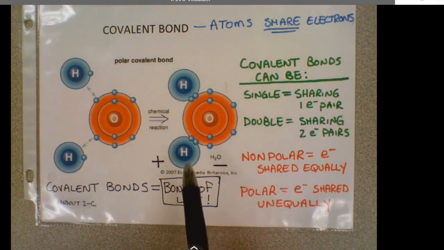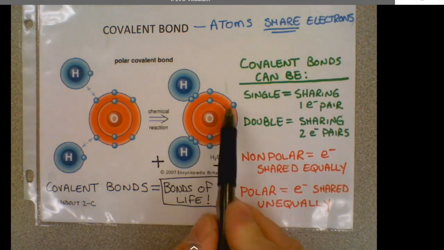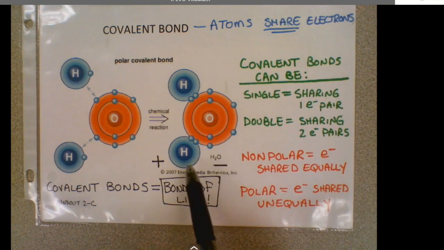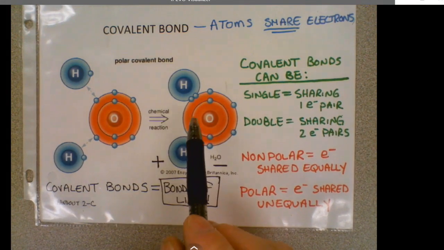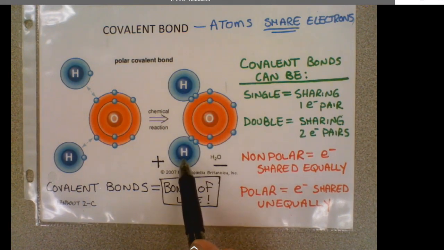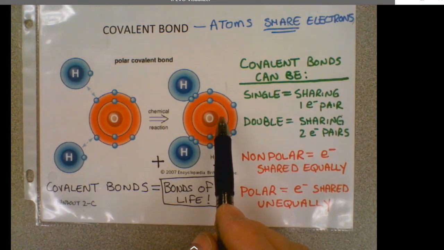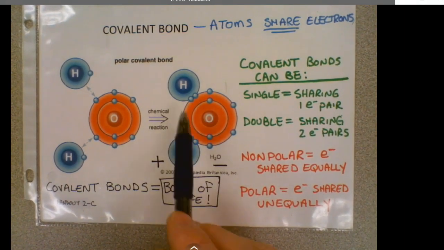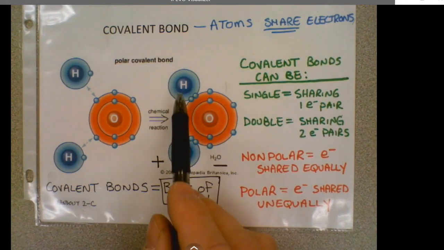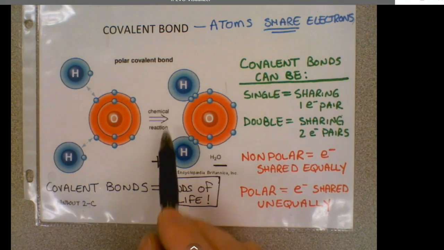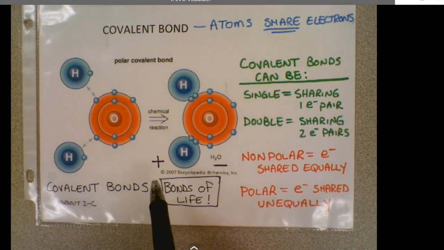So what happens is this oxygen atom is going to steal that electron a little bit longer than these hydrogen atoms. So what happens is, if the negative electron is hanging out in the oxygen more than the hydrogen, we're going to get a polar or a charged molecule. So in the case of water, these hydrogens don't have that electron as much, so they become positively charged because they don't have that electron as much as they want.